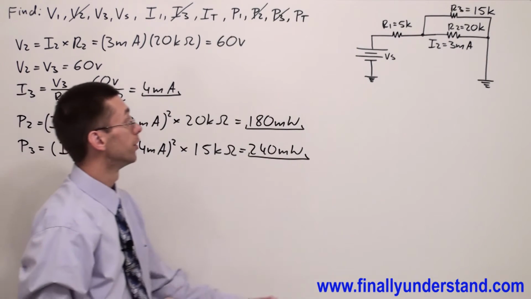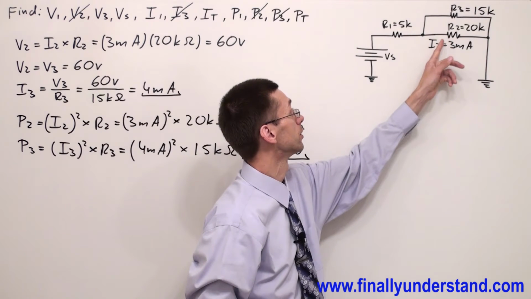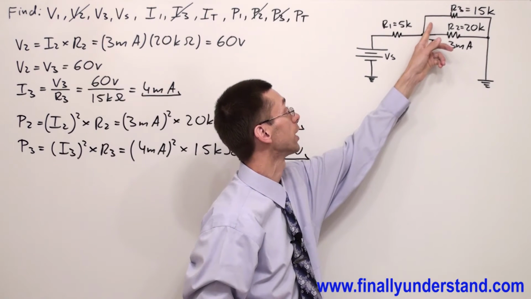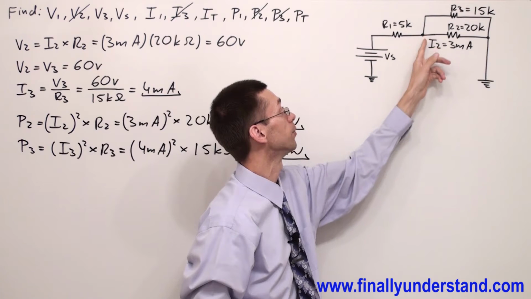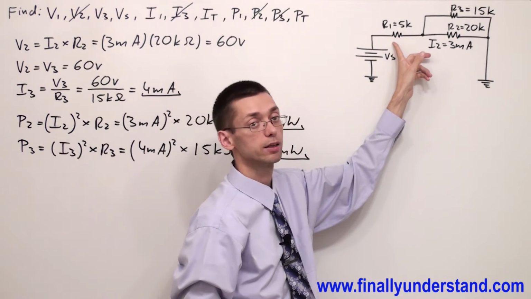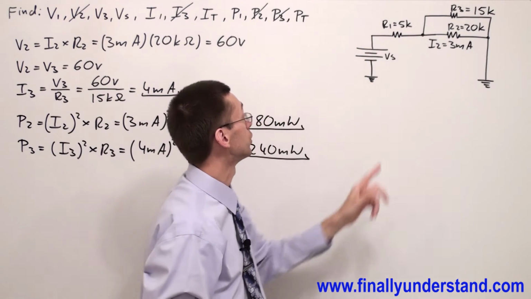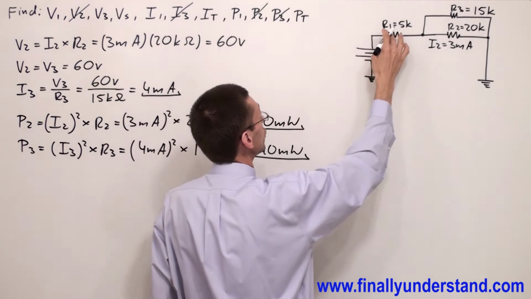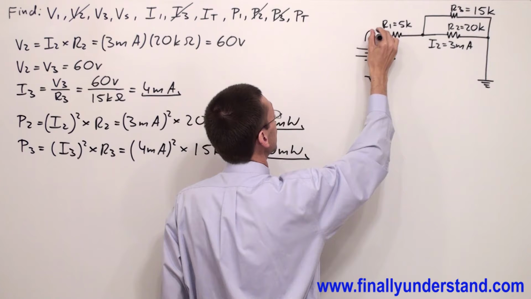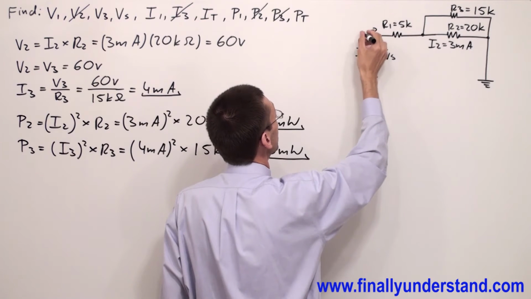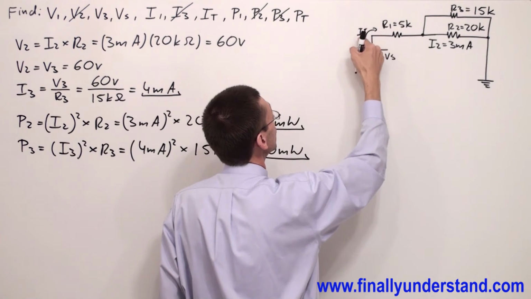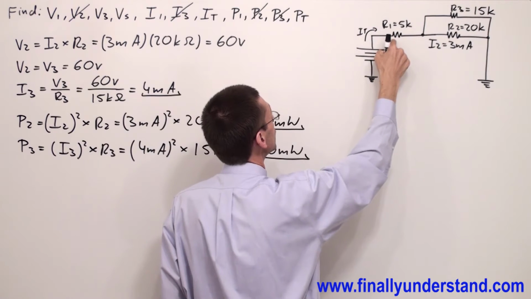We have two currents, I2 and we found I3. If you add them up, you are going to find the current which goes through the resistor R1. Please notice that the current which goes through this resistor is also equal to I total, because I total goes directly into this resistor.